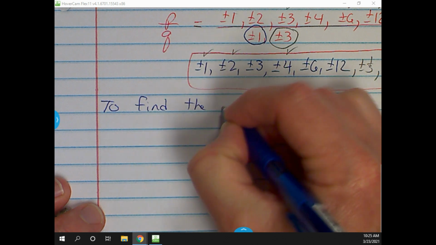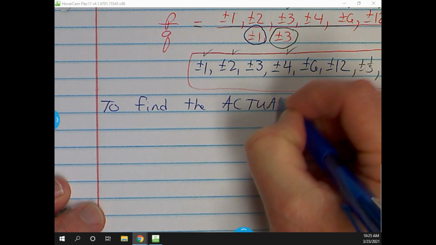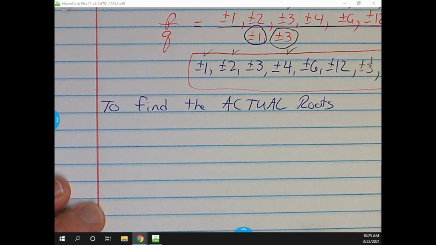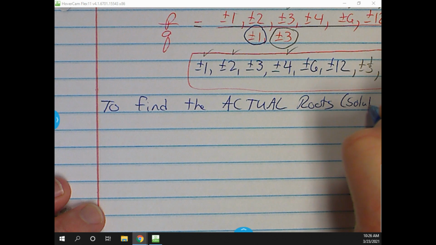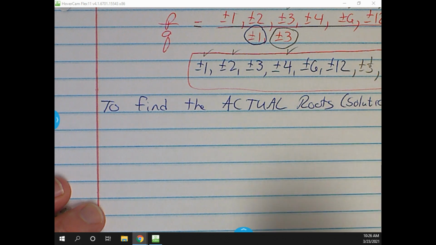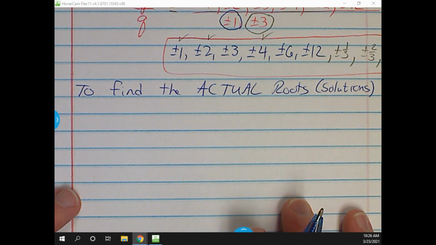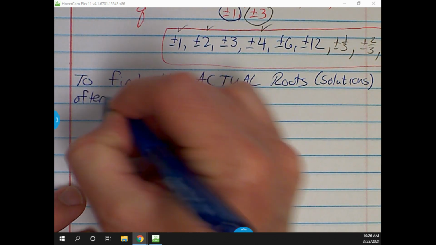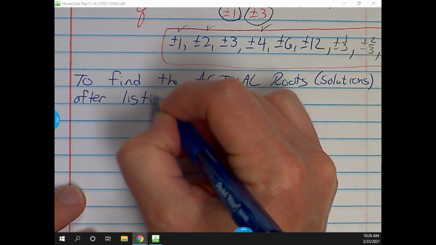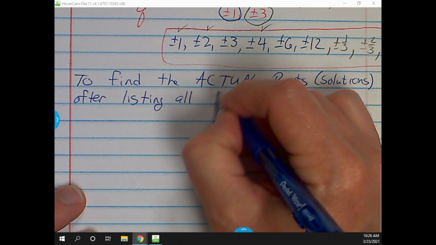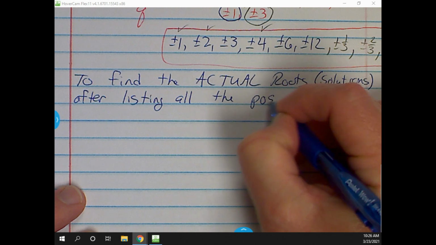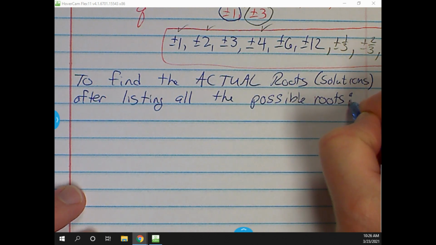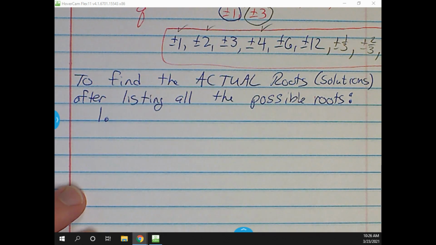So to find the actual roots, again, when we think roots, think solutions. These are the answers. If you want to get the actual answers to this thing, the actual solutions, after listing all the possibles, you're gonna do a couple of things.